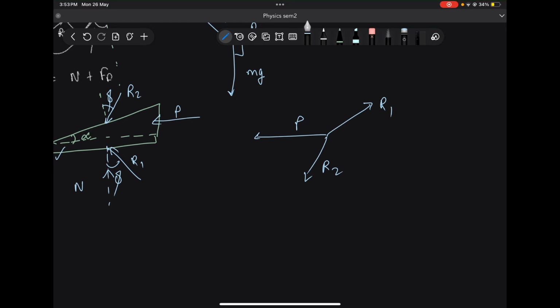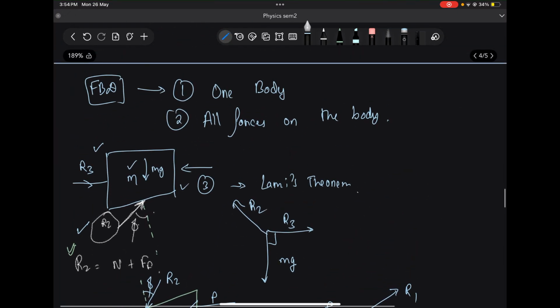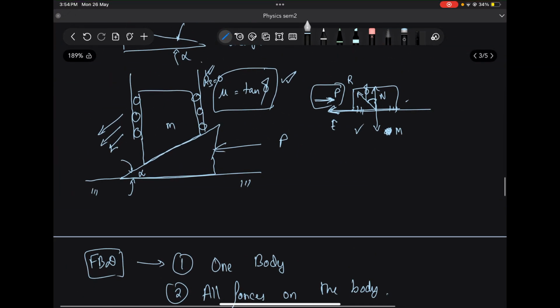Okay, now this question is easy here because the system is at equilibrium. So we know that the angle of friction is phi. Now, what if the system was slipping? Can you think when the system will start to slip? So the first thing is, it can slip at 2 points.